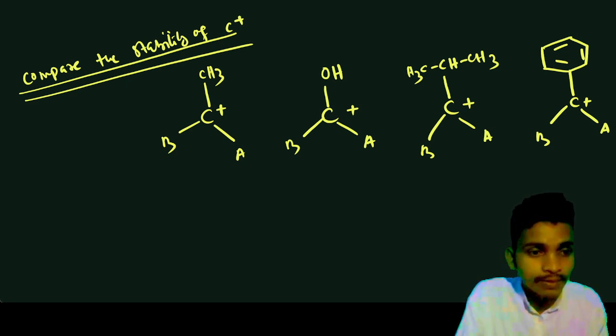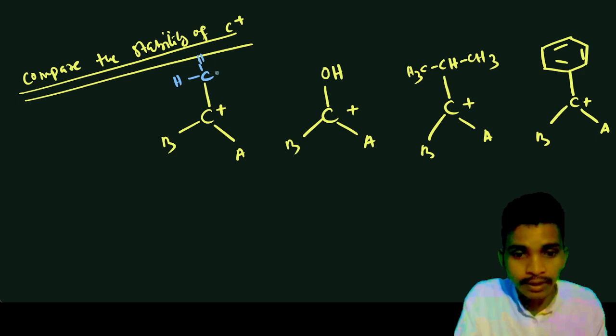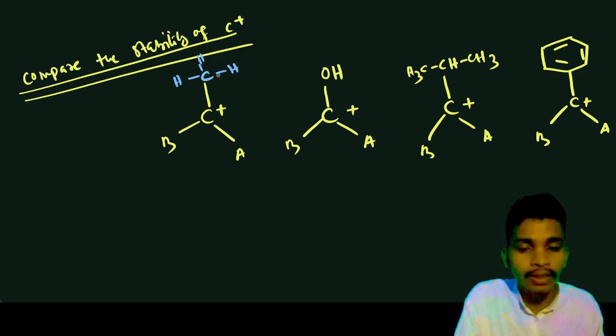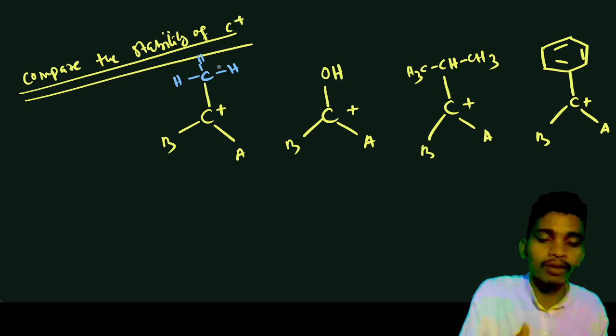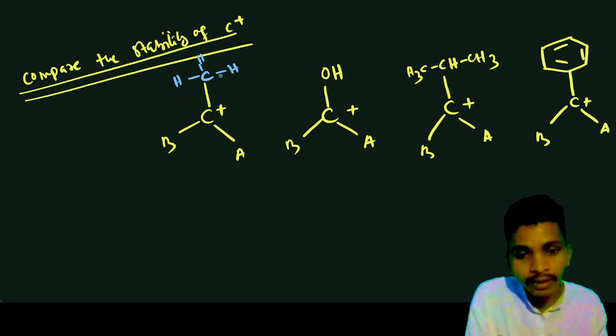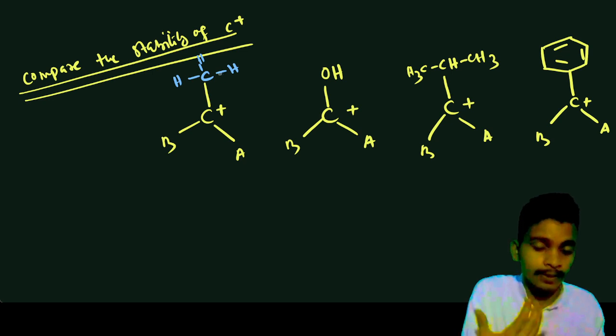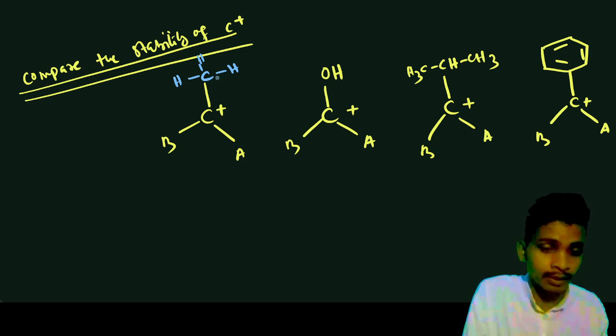Now in this case, we have CH3. You know the hyperconjugation effect. Hyperconjugation means the no-bond effect, which means this will donate electrons. I will discuss the hyperconjugation effect clearly in a later class.